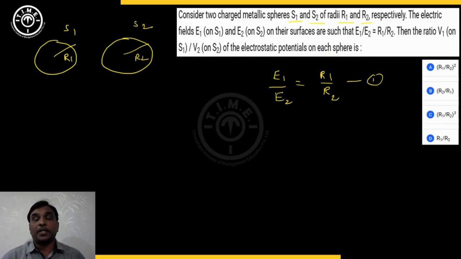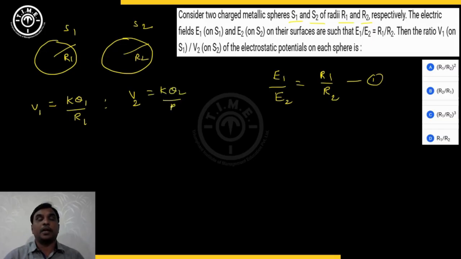What is V1? You know potential V1 is simply K Q1, let us suppose the charge is Q1 which is unknown, K Q1 by R1. Then V2 is equal to K Q2 by R2. From here he asked V1 by V2. So you can write V1 by V2 is Q1 by Q2 into R2 by R1.